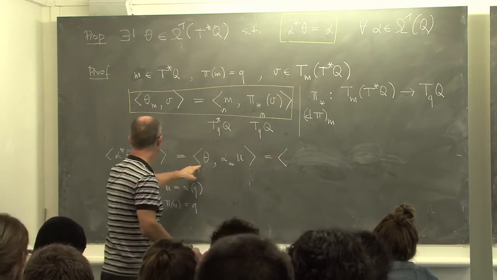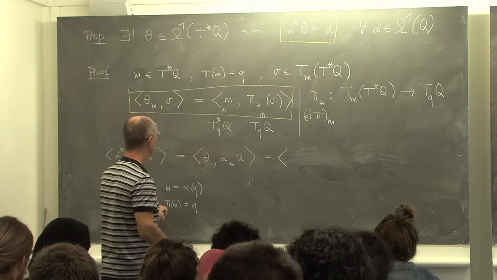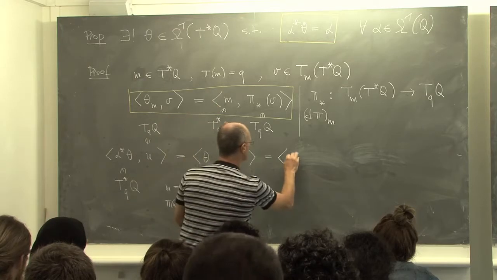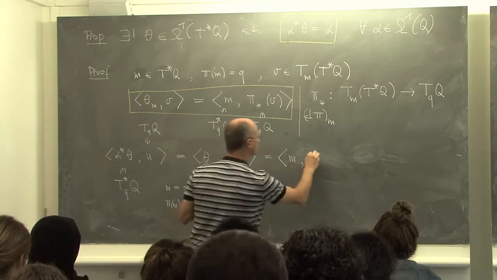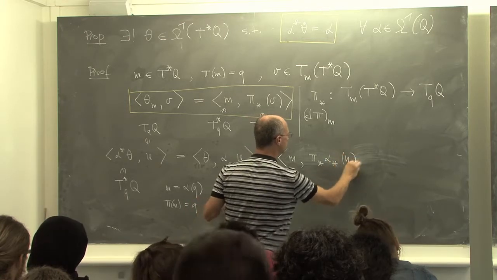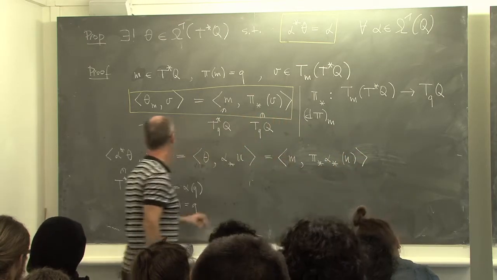Right. Now I should write it at M, and here pi star alpha star of U.